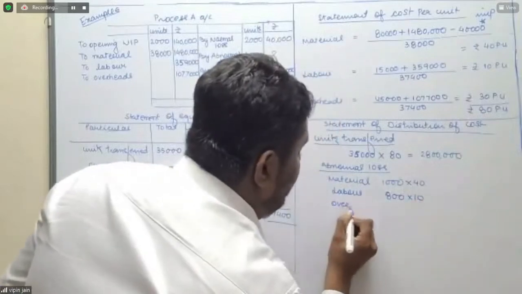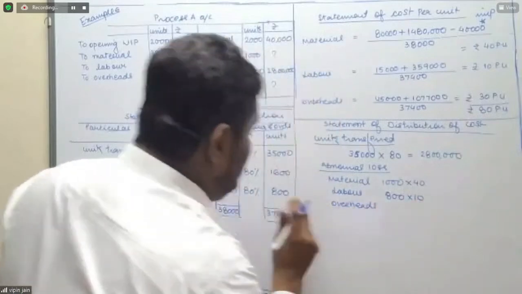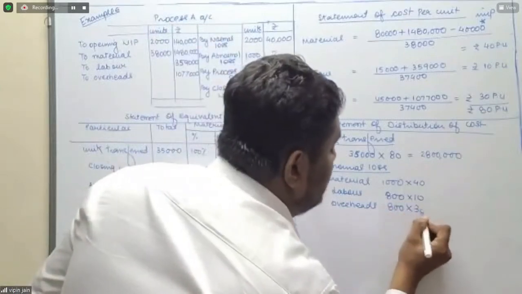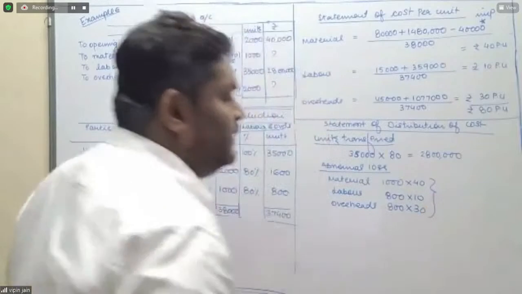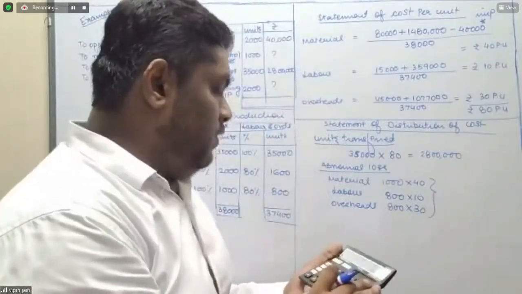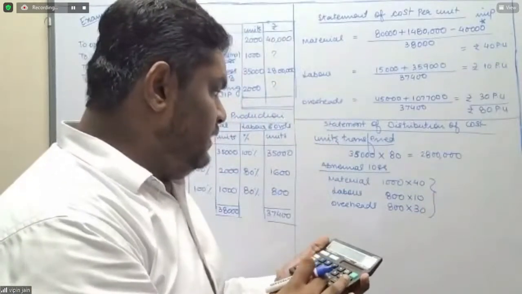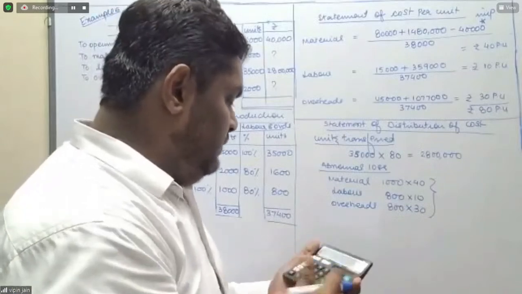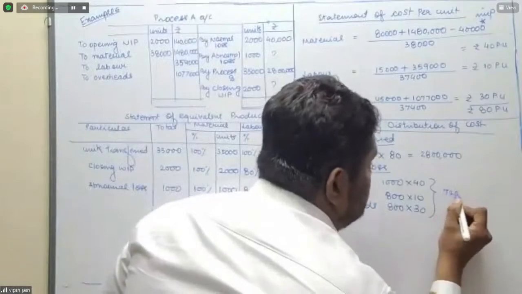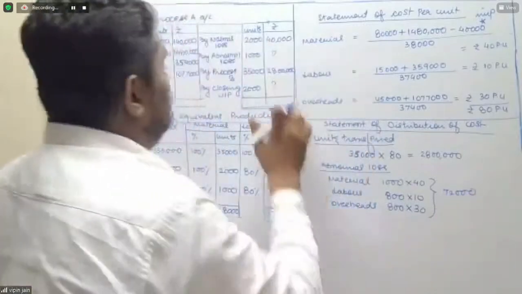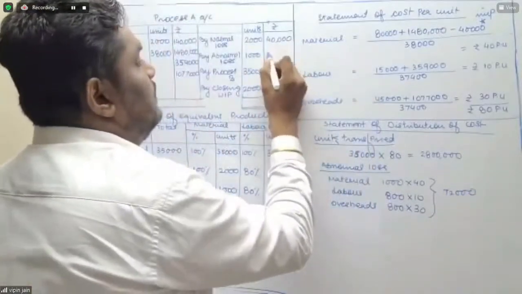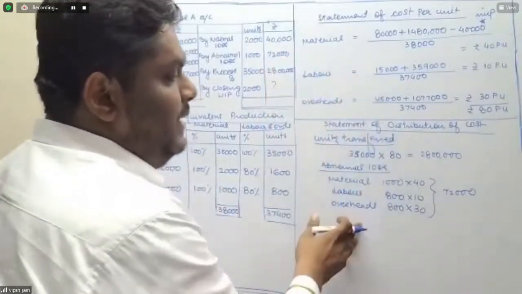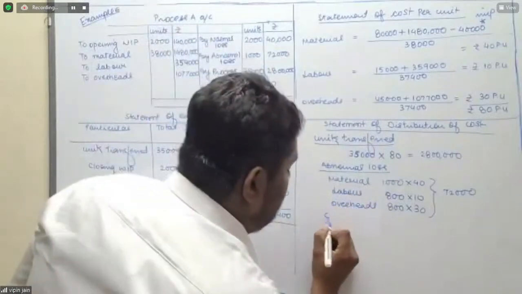In overheads, the equivalent units are 800, so 800 into 30. So the cost apportioned to abnormal loss is 40,000 plus 8,000 plus 24,000, that is 72,000. How these calculations are made, I have already discussed in the last session.